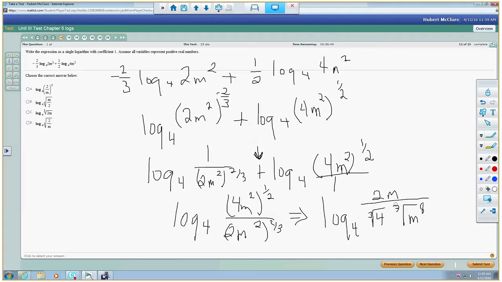That'd be 2 to the 2/3, m to the 4/3. Right? And that's not right. 2 to the second, that's 4, right? That will help us there. I'm messed up there. I don't know where that 8 came from.